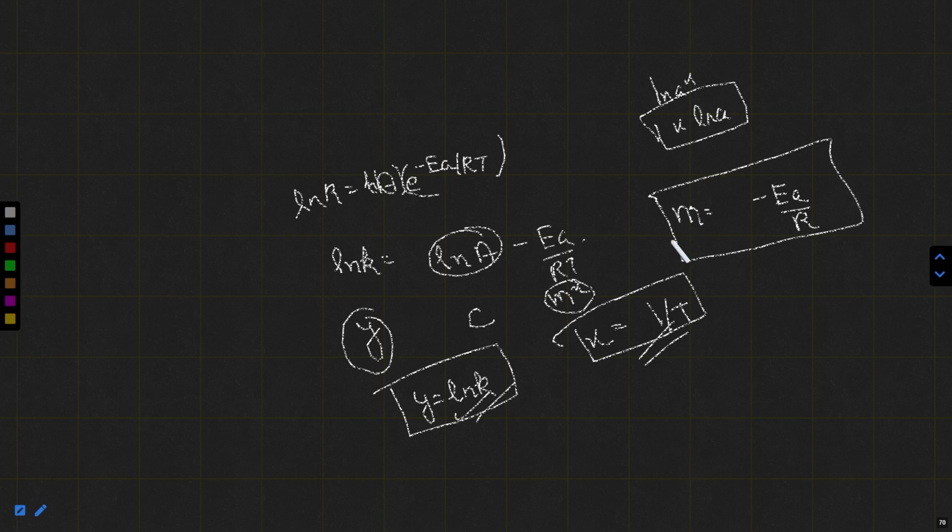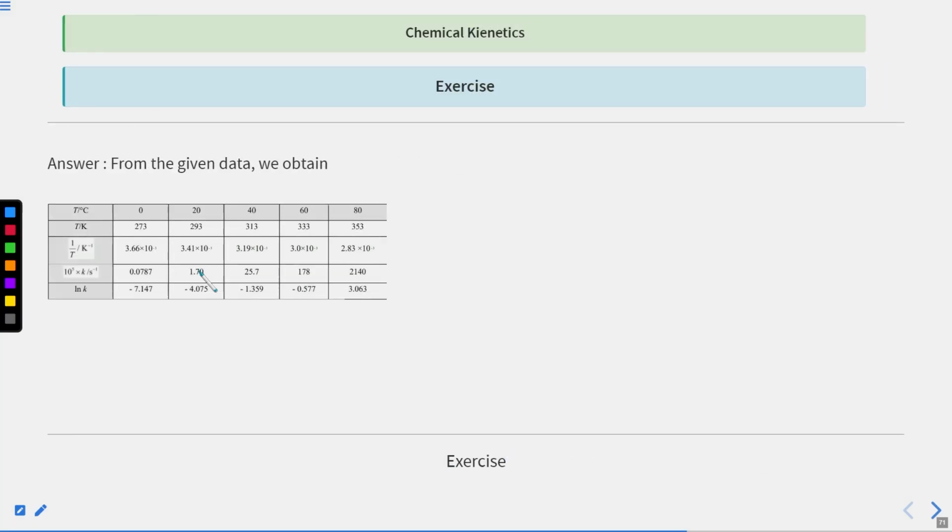How can we calculate the slope? It is the change in ln k divided by the change in 1 by T. So you take your 1 by T values, subtract them, and similarly take the change in ln k, final minus initial.